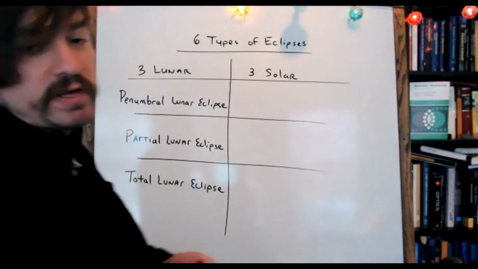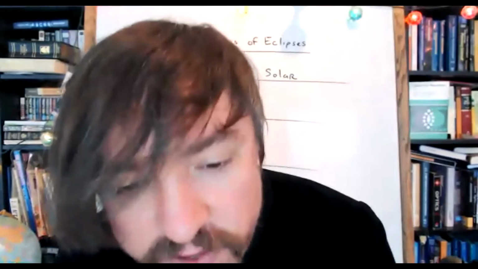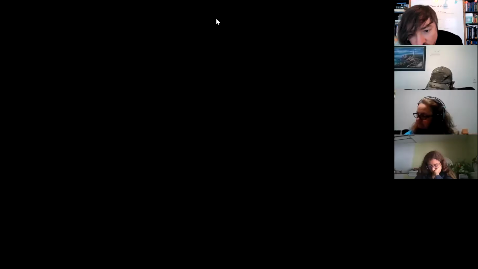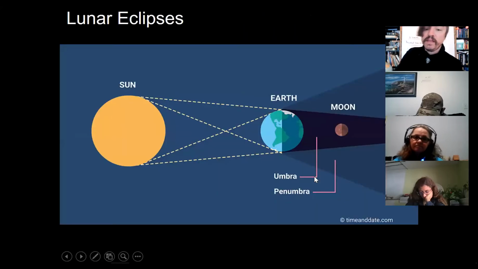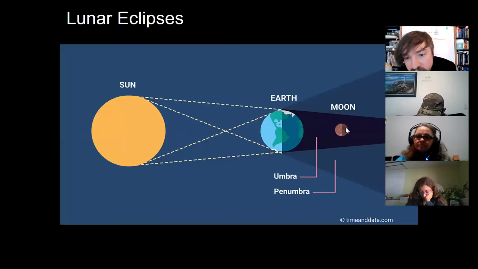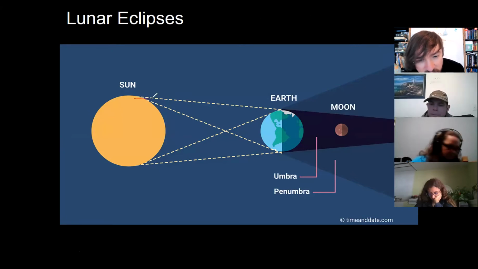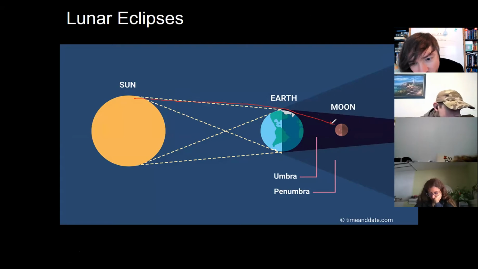During a total lunar eclipse, the moon actually moves completely inside the umbral shadow. Now, normally you would think that during a total lunar eclipse, the moon would go completely dark because it's in the total shadow of Earth. But here's something strange. Sunlight, when it passes through the atmosphere of Earth, gets refracted or bent around the curvature of Earth.